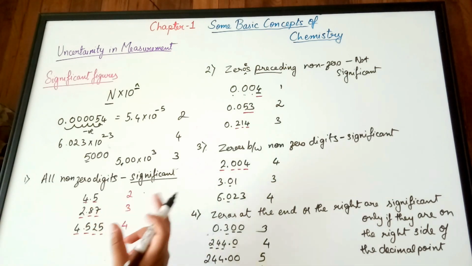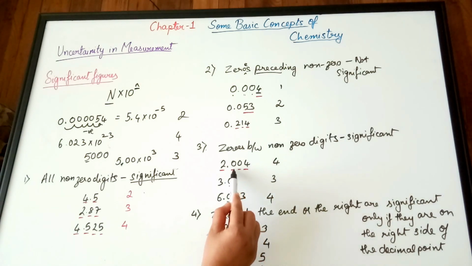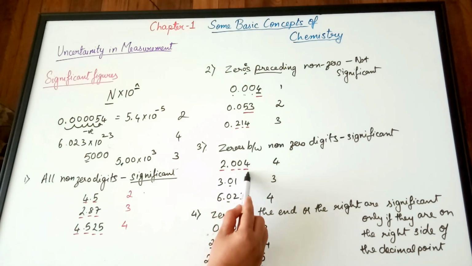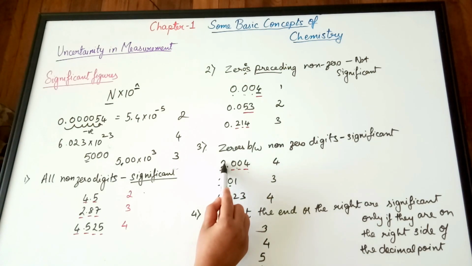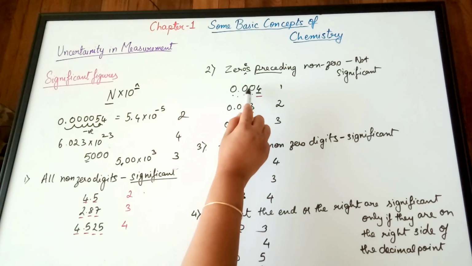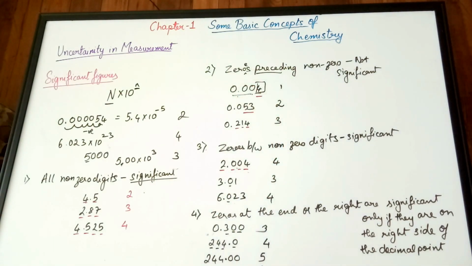The reason I keep stressing on the first non-zero digit is because over here, if you see, you have 2.004, and here there is a non-zero digit and preceding it are 2 zeros, but because they are in between 2 non-zero digits, they are considered significant. But had there not been a 2 here, which is the case over here, you have this 4 as your first non-zero digit, which is considered significant.